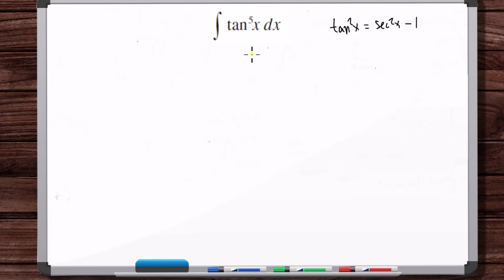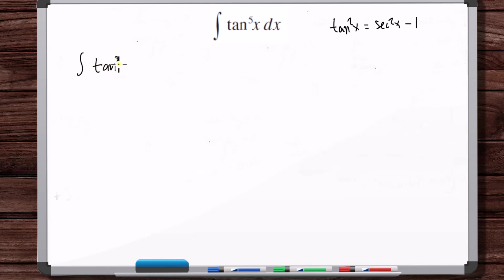And the other one is a product of tangents and secants, but with a power on the secant that's even, or a power on the tangent that's odd, and we can solve that. Okay, so let's just replace one of the tangent squareds with this and see what happens.